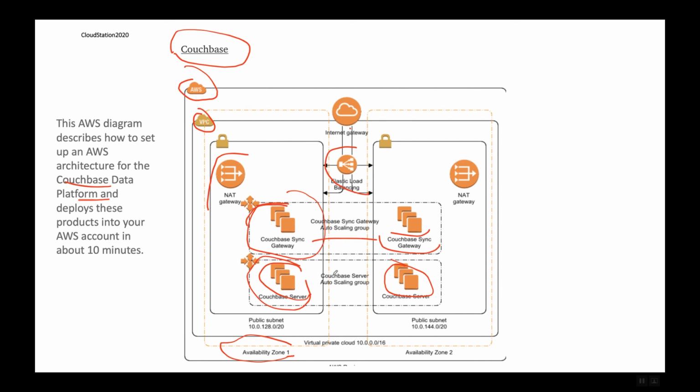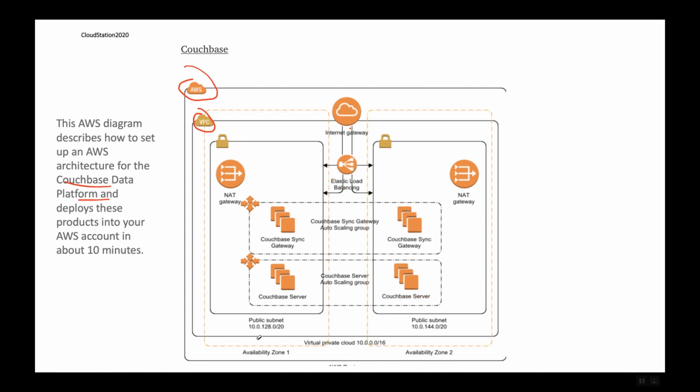So the thing is, whatever request comes here, let me remove this. Okay, so what it means is that whatever request comes here, before it is served to an external internet gateway, it has to go through the gateway services. So this is internal to the Couchbase architecture, and then it will be processed and sent back from here.